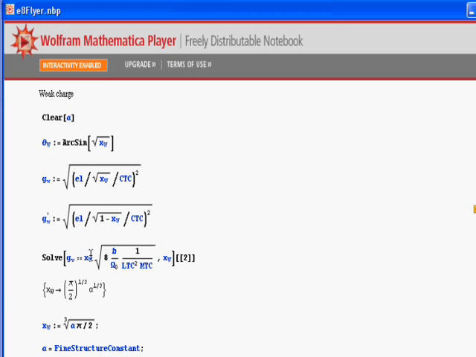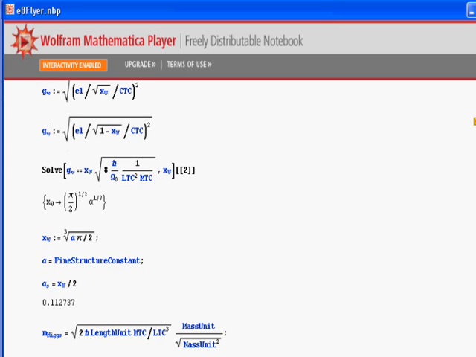Solving for XW, you get a very simple alpha pi over 2, the square root, cubed root of the cubed root of alpha pi over 2, which comes out to be 0.112737.